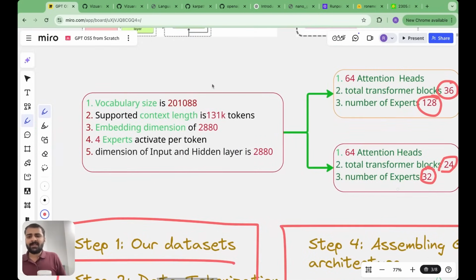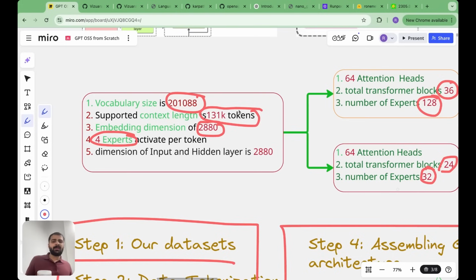The vocabulary size for this model is 201088. I'll also explain to you about the tokenizer which they used and why it's a bit different than the other tokenizers which came before it. The embedding dimension they used is 2880, 4 experts activated per token, and the maximum context length supported is 131,000.